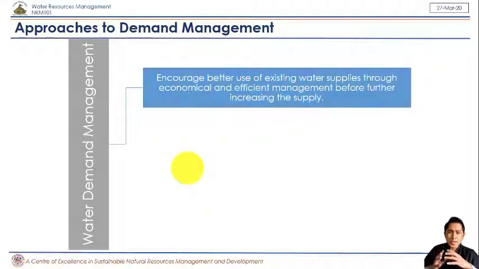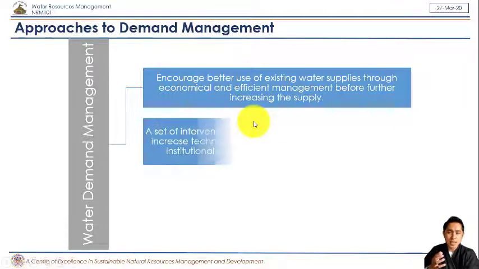We need to encourage lots of people, lots of institutions to come up with efficient water using systems and techniques which will conserve more water, which will make us ask for less supplies. So we need to encourage better use of existing water supplies through economical and efficient management before further increasing the supply.